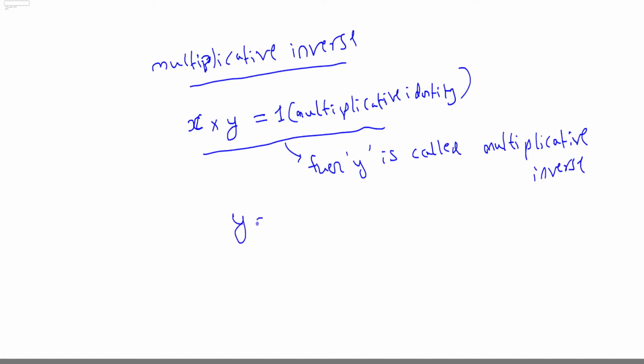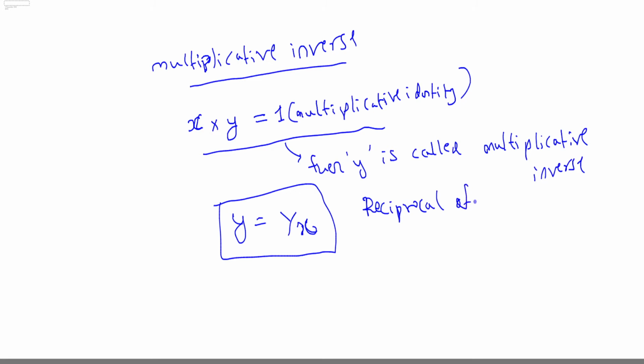Therefore, I can say y is equal to 1 by x. Y is equal to 1 by x means the reciprocal of the given number gives its inverse. Okay.